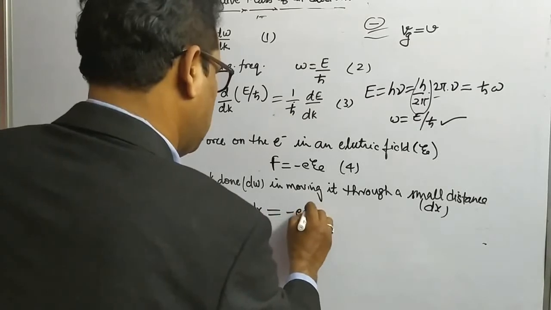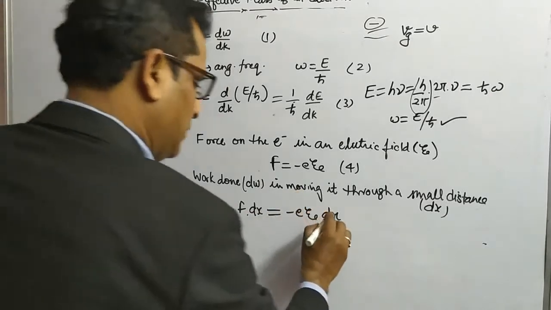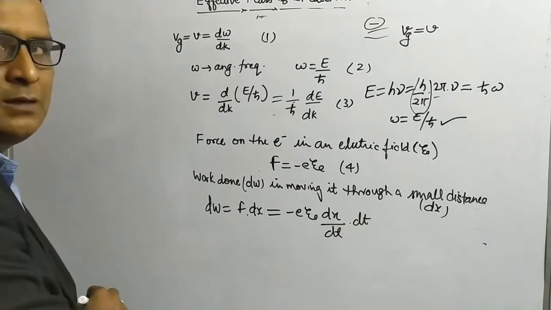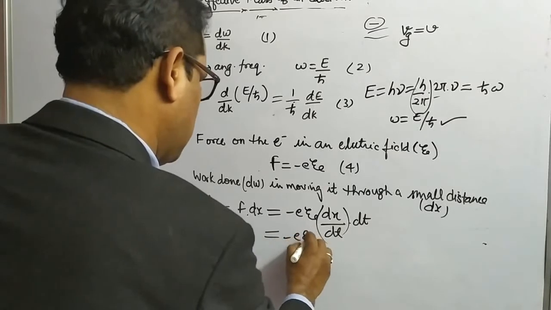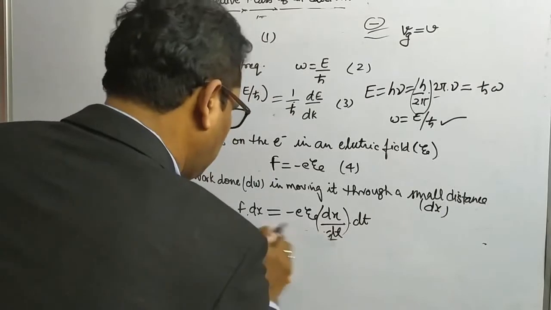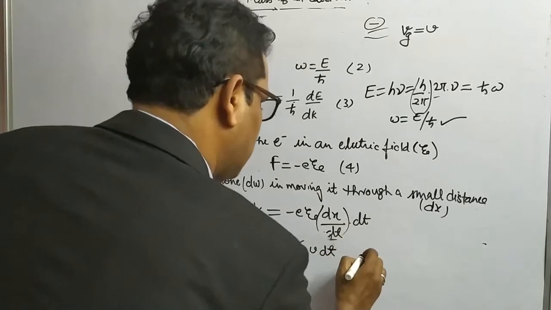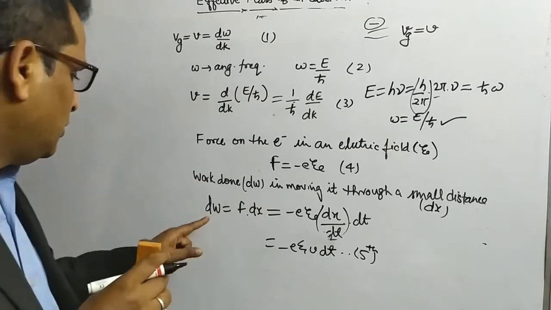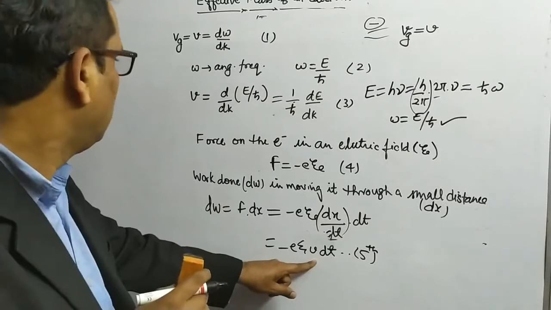Force is minus e Chi dx. dx can be written as dx upon dt multiplied by dt. So dx by dt becomes velocity, minus e Chi v dt. This equation is my fifth equation. So the work done has been written in terms of velocity now, right?